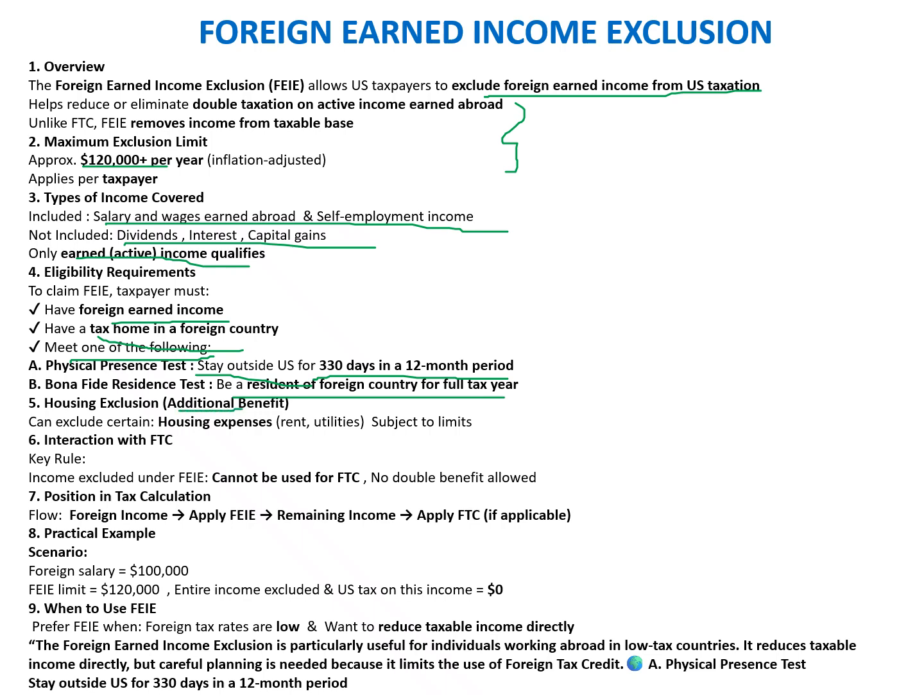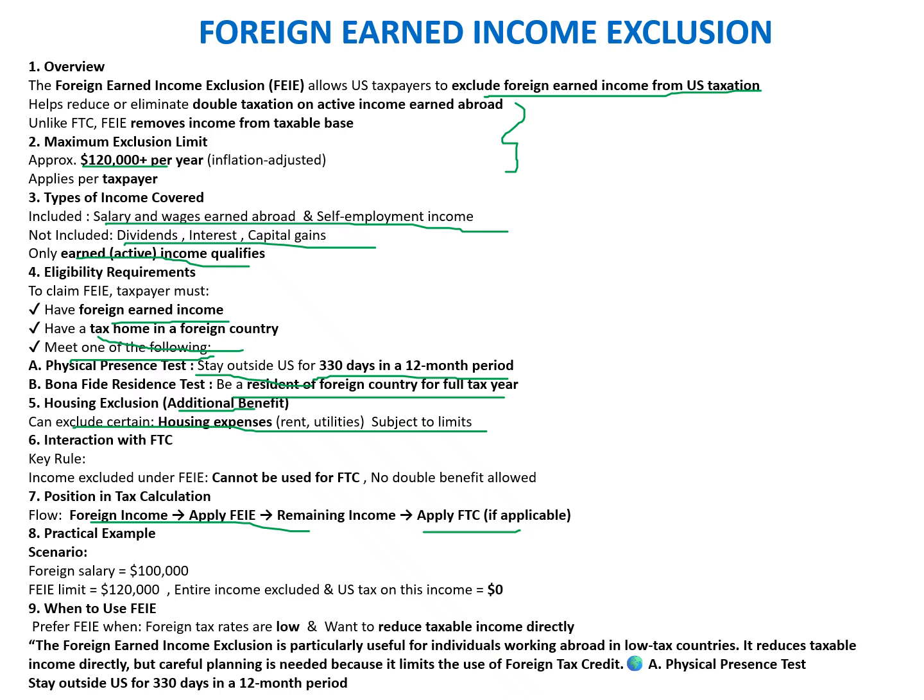There is some additional benefit, the housing exclusion, which can exclude certain housing expenses subject to limits. And why this is important: either of them can be claimed, foreign earned income exclusion or FTC, but both cannot be claimed together. Typically, for foreign income, first apply the FEIE, and on the remaining income you can apply the FTC if that income includes passive income as well.